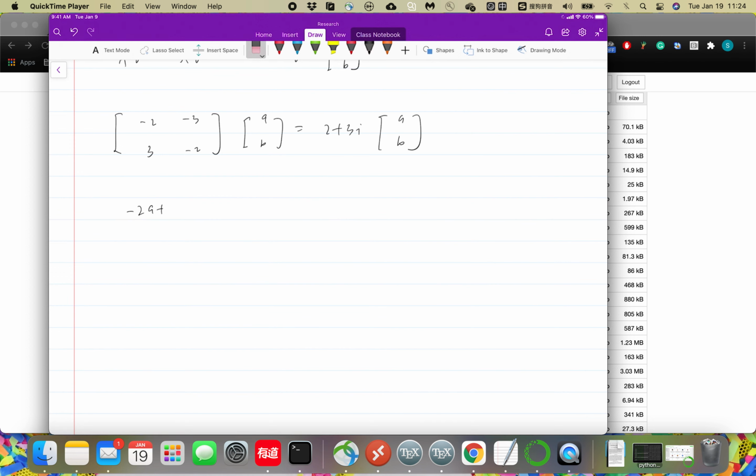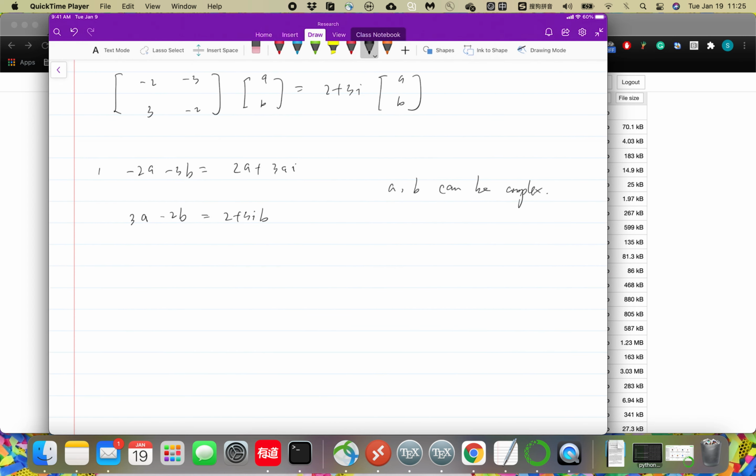We are going to get -2a minus 3b equals 2a plus 3ai. Meanwhile, 3a minus 2b equals 2 plus 3i b. Note, this time a and b can be complex, because you can have complex numbers, right? Before they're all real.